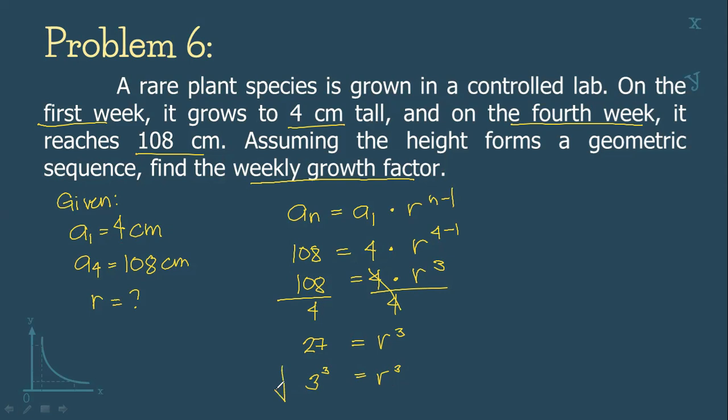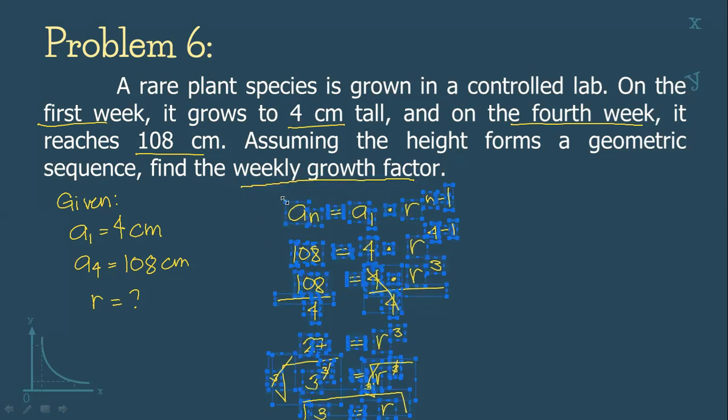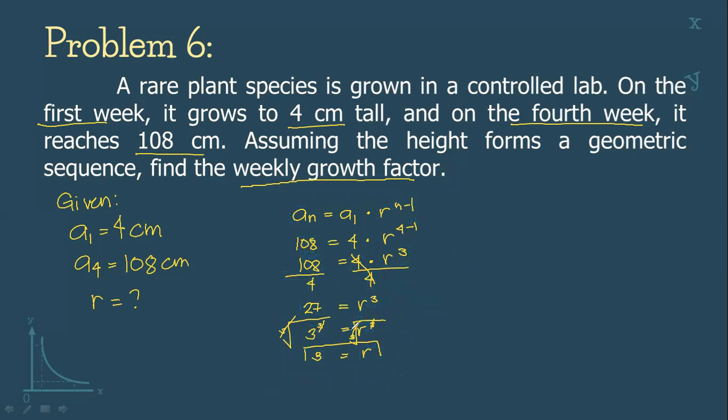So we can cube root both of them in order for the cube to be eliminated. So cancel natin sila. So we are left with the value of R, which is equal to 3. Meaning to say, our common ratio is 3.